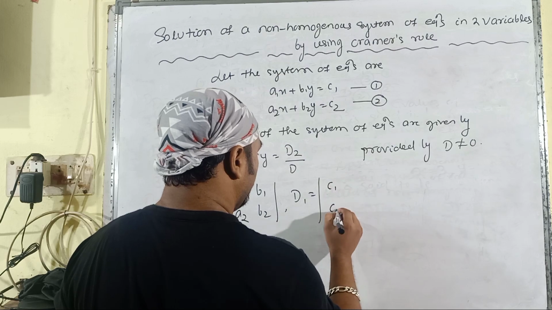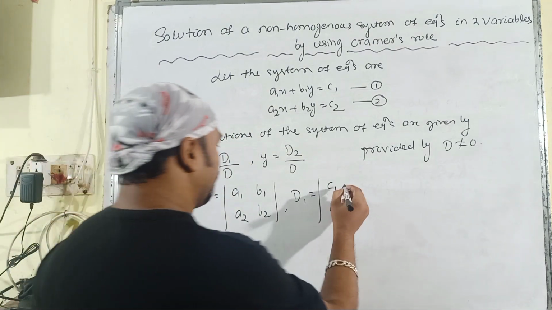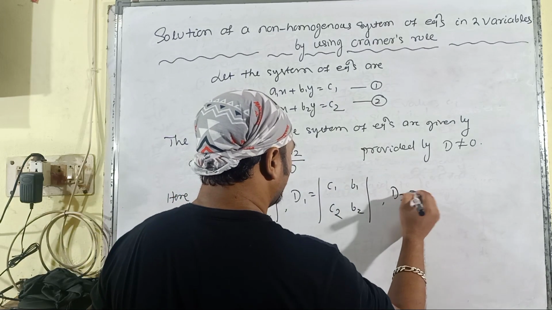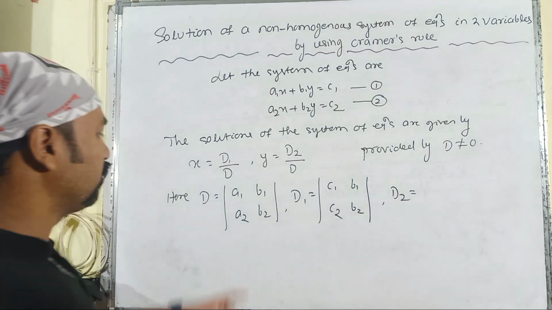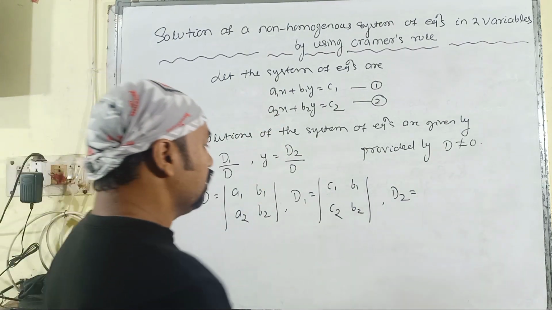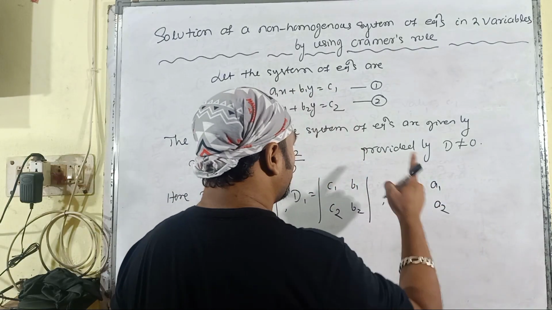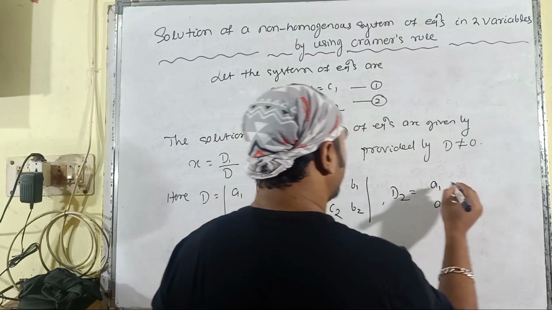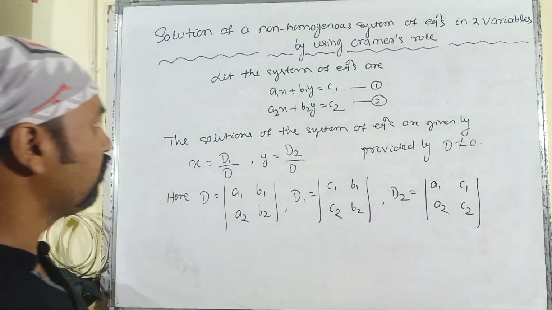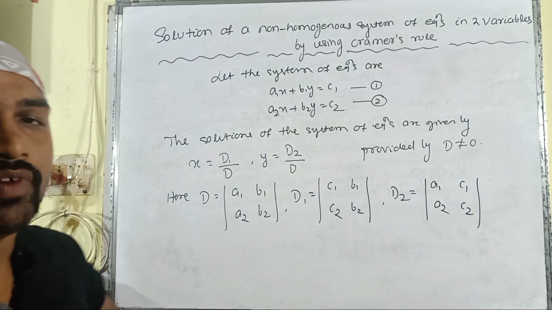So we have to use c1 and c2 in place of a1 and a2, and the unchanged terms are b1 and b2. Then in case of D2, we just have to replace the coefficients of the y variable from the two equations by the constants. So a1, a2 are the unchanged terms, and in place of b1 and b2 we have to use c1 and c2. So this is the formula to solve the system of linear equations in two variables by using Cramer's rule.